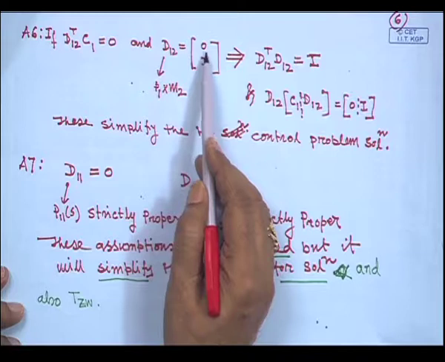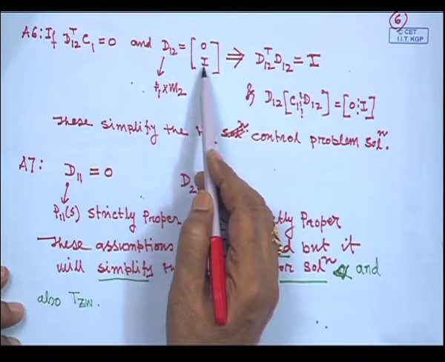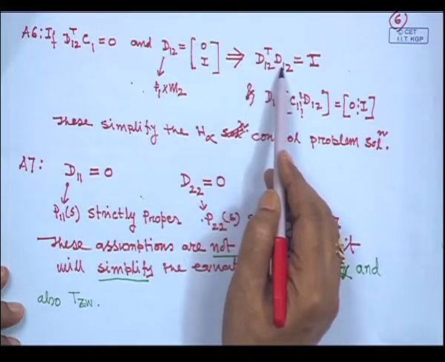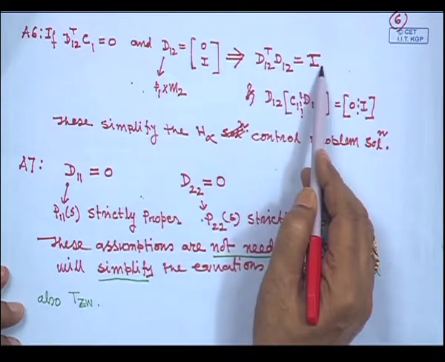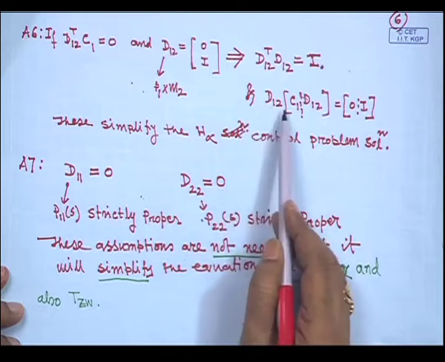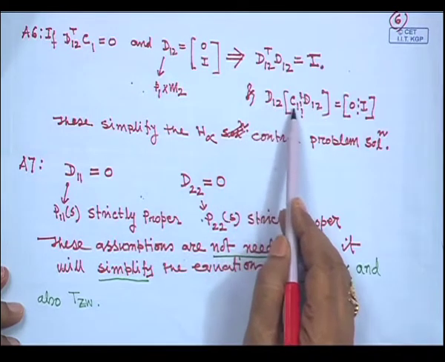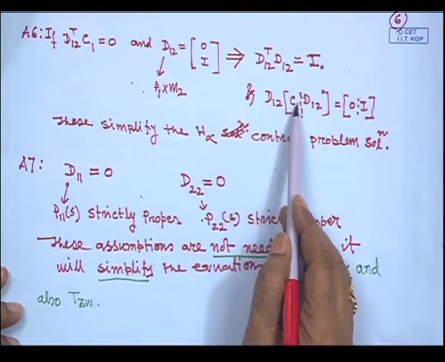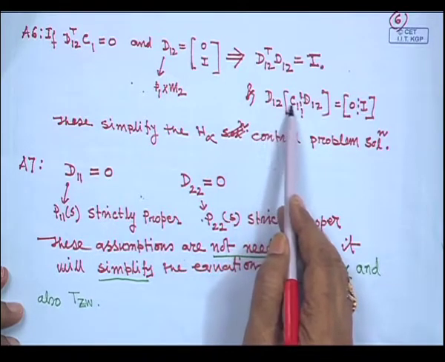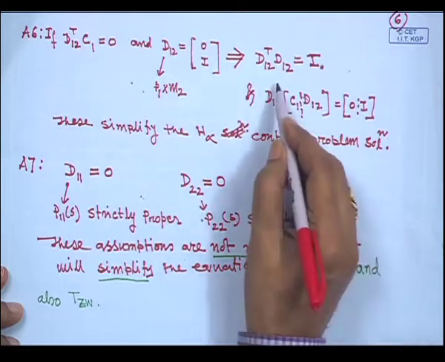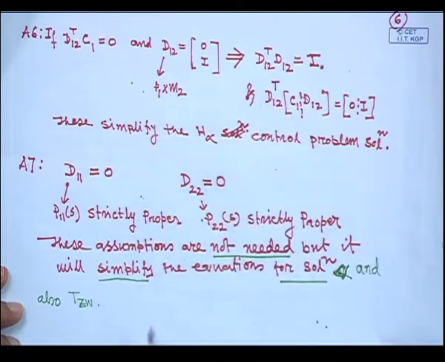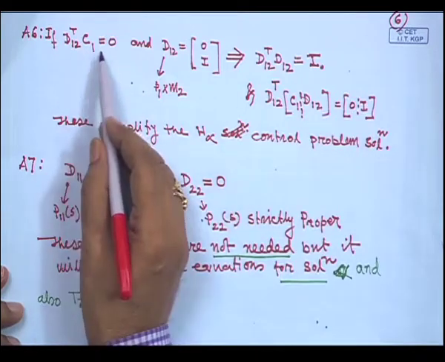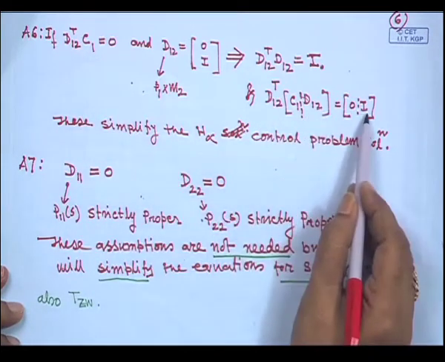This implies D12 transpose D12 is identity matrix, and D12 transpose C1 is 0, as we have seen.